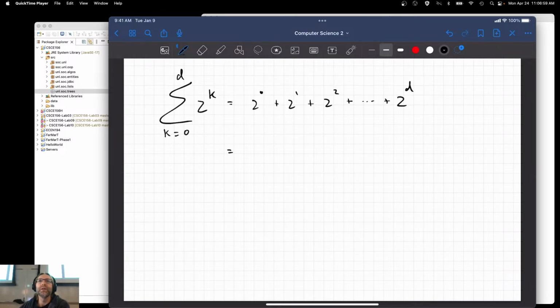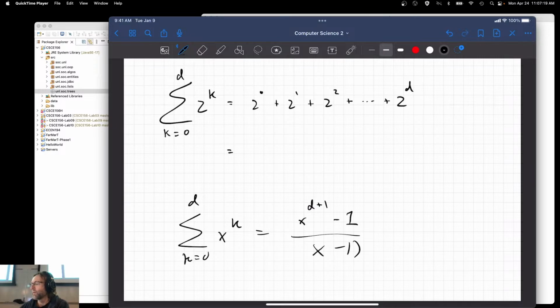Powers of 2? Or in general, if you go with the sum of x to the k, k equals 0 up to d, this is going to be x to the d plus 1 minus 1 all over x minus 1. That's just a closed form for that series if you've ever seen that before.